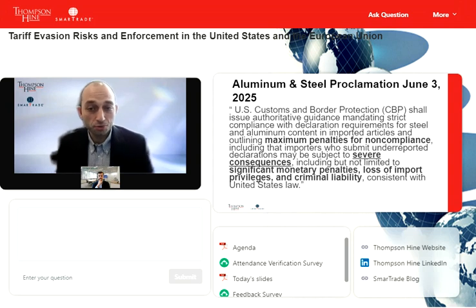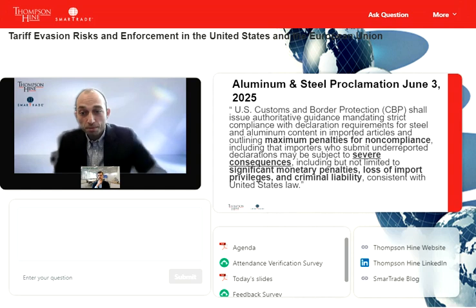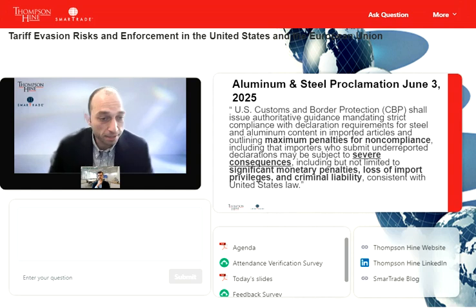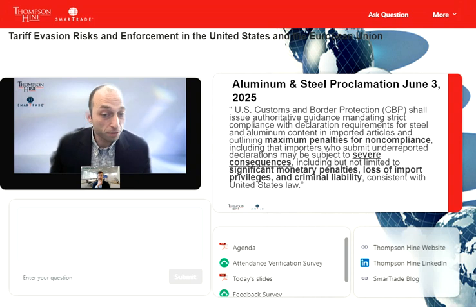And it essentially instructs CBP to issue guidance on mandating strict compliance with declaration requirements for steel and aluminum content, and that if importers submit underreported declarations, they may be subject to severe consequences, including but not limited to significant monetary penalties, loss of import privileges, and criminal liability.